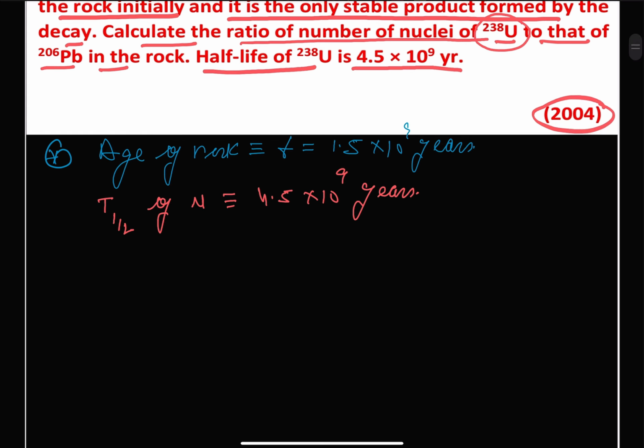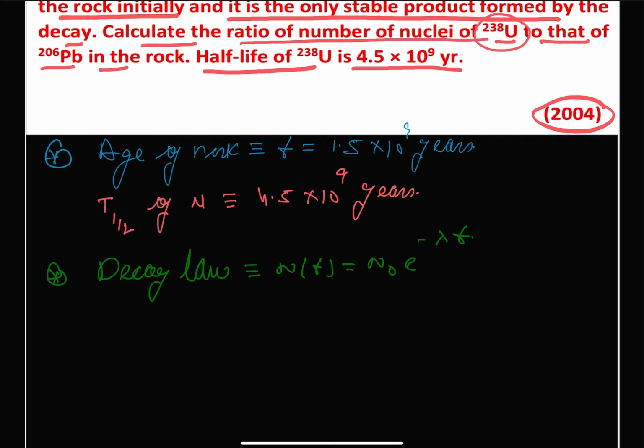So we are going to use the decay law, which gives us that the value of N at any time t is equal to N naught e raised to power minus lambda t.